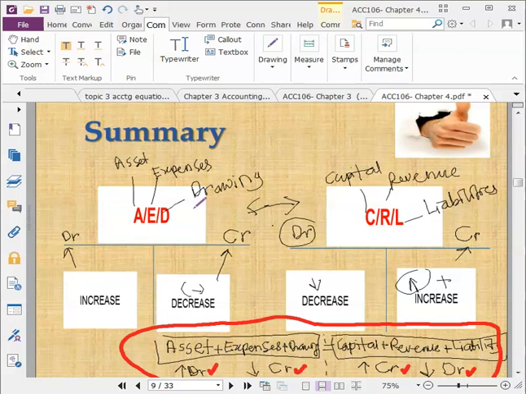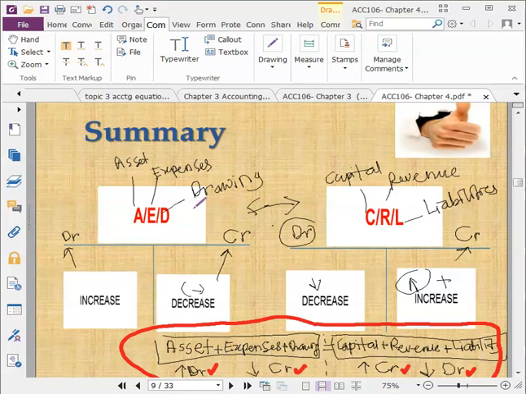That is the journal entry. Why should we know the journal entry? Because it makes it easy for us to put the amount into the T account. That is why you should know the double entry, or journal entry.